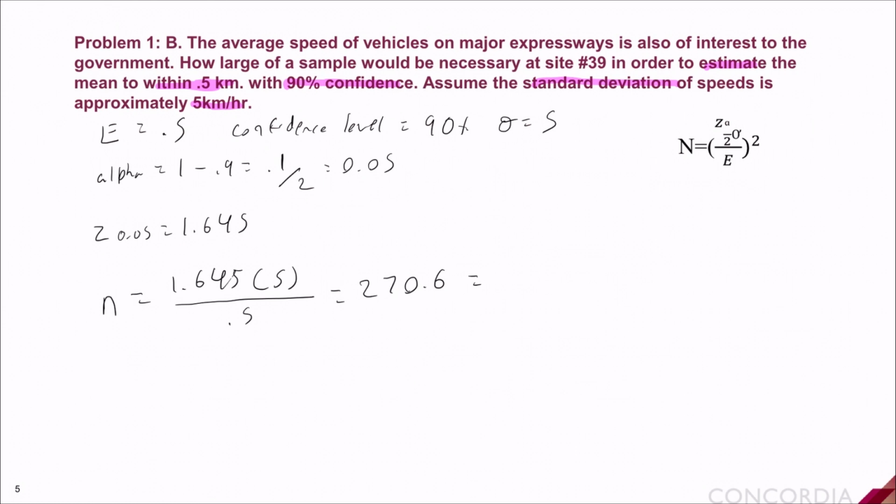270.6. Again, you can't have 0.6 of a car, so we have to round up. 271.